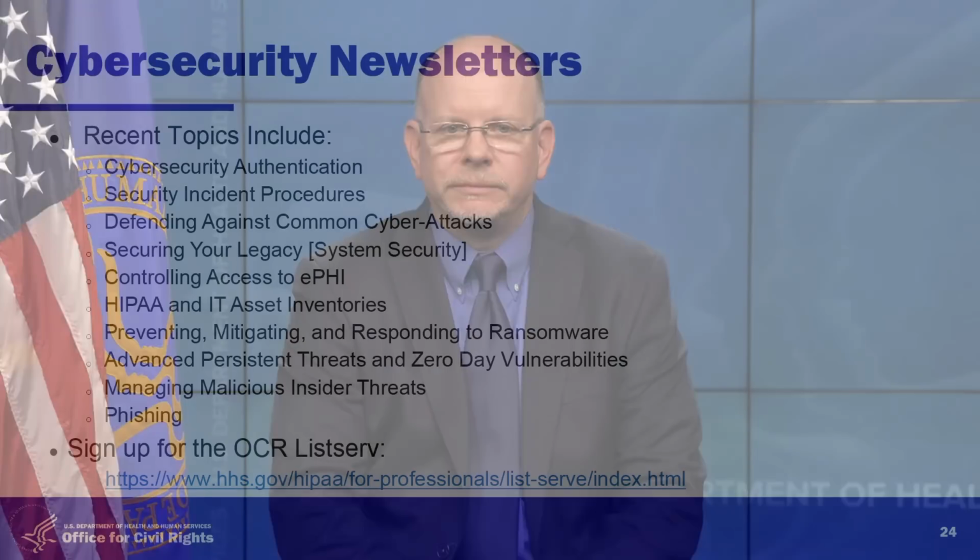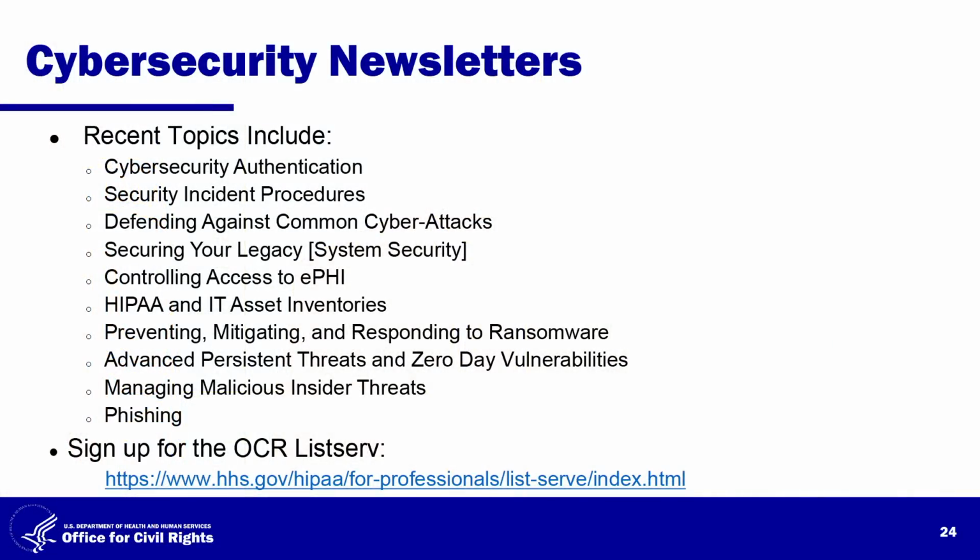There is also not a requirement to notify customers of specific measures implemented for cybersecurity, but interested persons can review the HIPAA security rule to gain an understanding of the security measures covered entities and business associates are required to implement. This presentation referred frequently to OCR's cybersecurity newsletters.